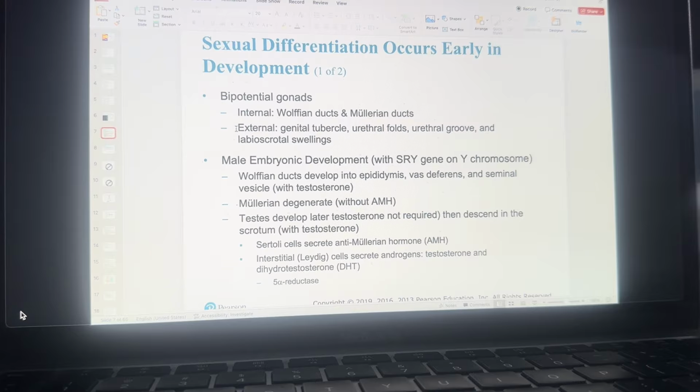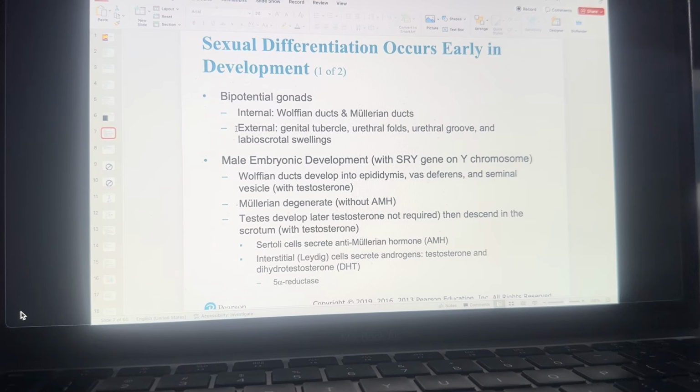Depending on which type of hormones are present, either testosterone or anti-Mullerian hormone, those can differentiate into either the scrotum or the labial folds, right? And then on the inside, they'll develop into the ovaries, the ovarian ducts, the vagina, or the vas deferens, the penis, right?